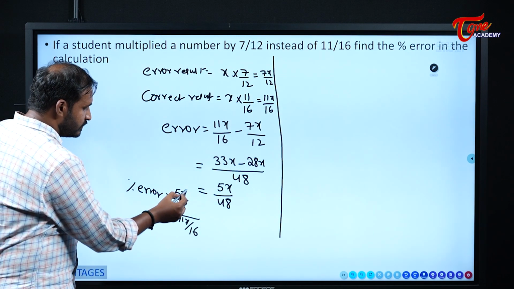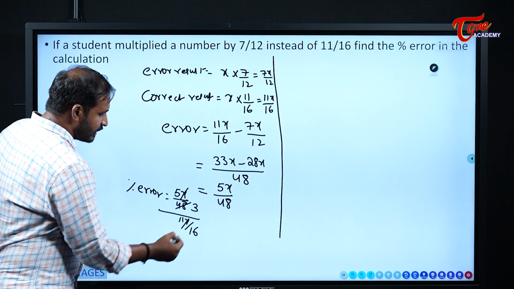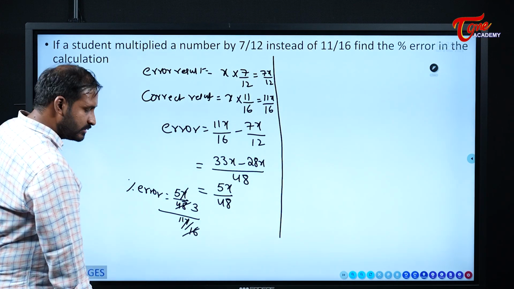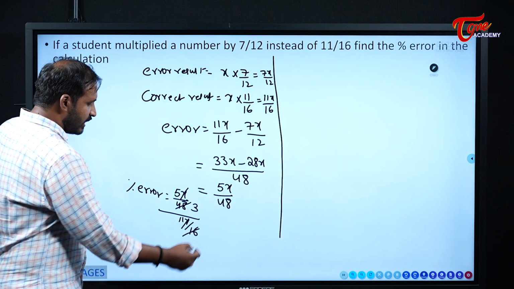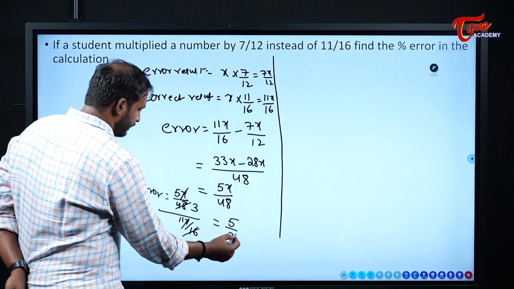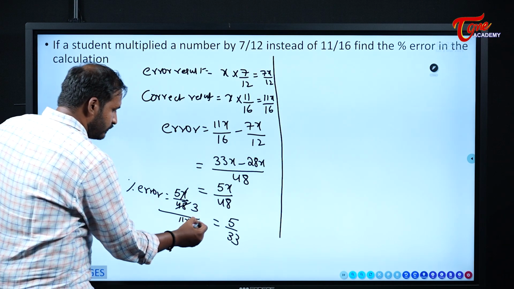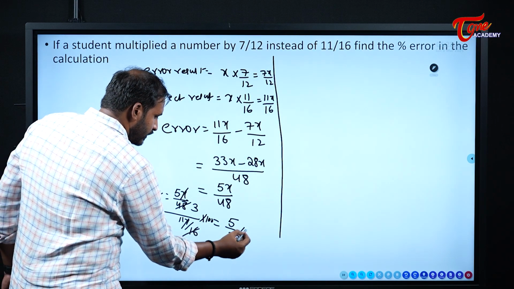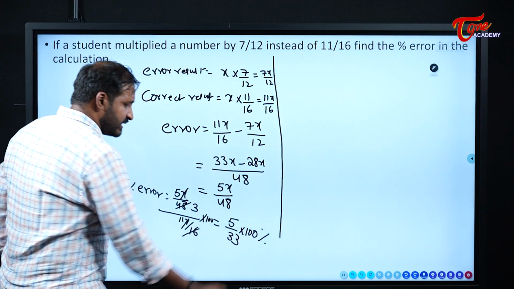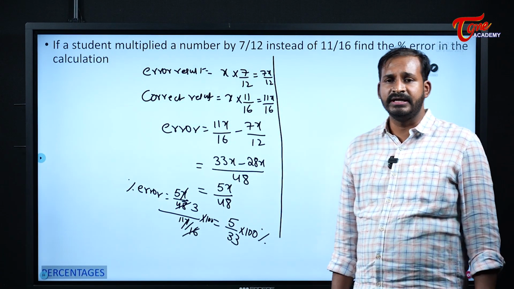So x and x cancel, 3 and 16 cancel, and I am left with 5 by 33. 5 by 33 into 100 percent is the percentage error. This is the traditional method to find the error.